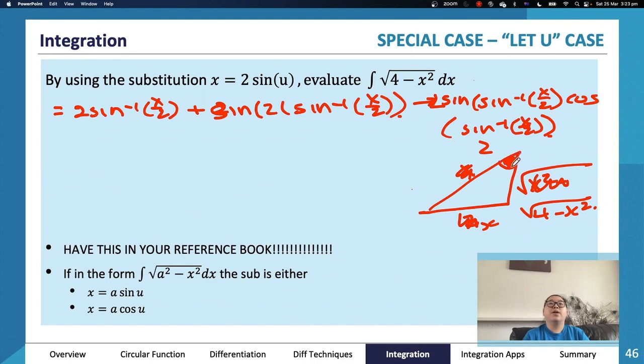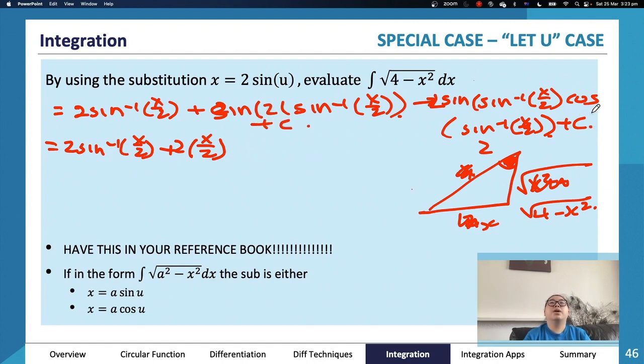Right, so therefore we can rewrite this whole thing as 2 sine inverse x over 2 plus, so we'll have our 2 times x over 2, because it's the sine of the sine inverse, right? And then we have plus c at the end here.